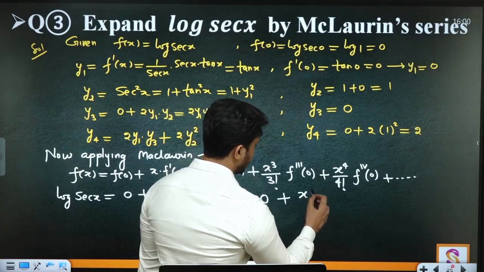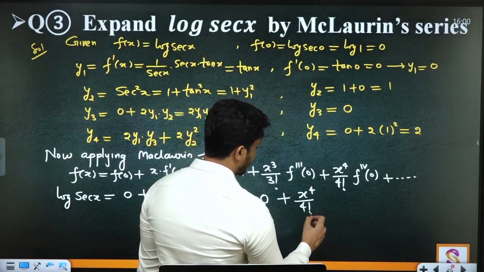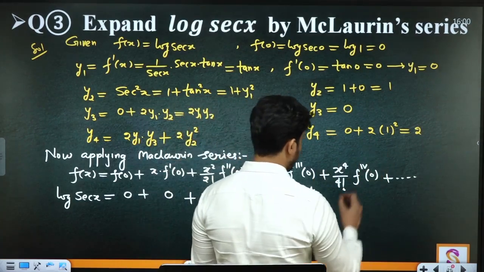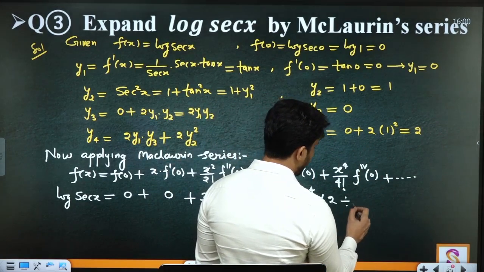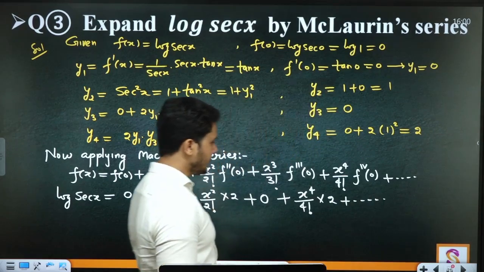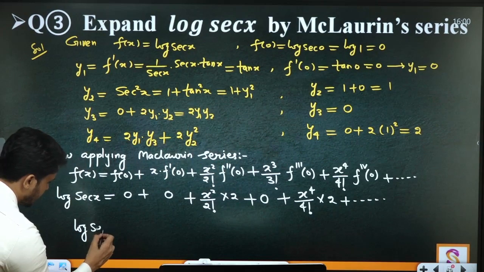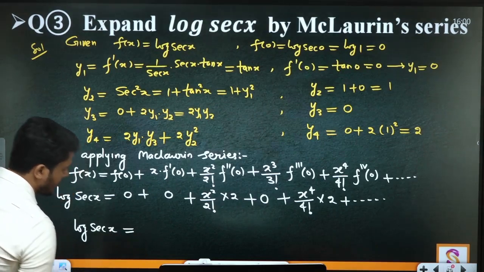Fourth term x4 upon 4 factorial and f4(0), it is multiplied by 2 and so on.